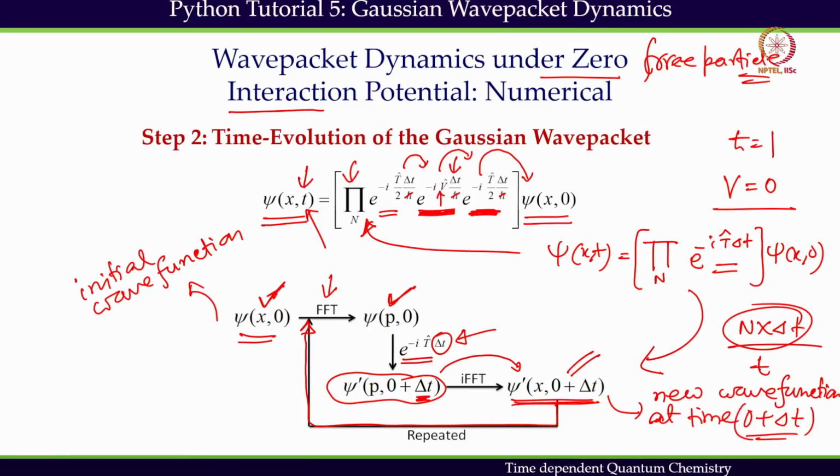To implement this iterative product recipe, the sequence is repeated with the help of a for loop. So, we will use a for loop to repeat this for every delta t with psi dash. This psi dash will serve as the new initial wave function for the next iteration of the loop. So, we will use the for loop for implementing this.